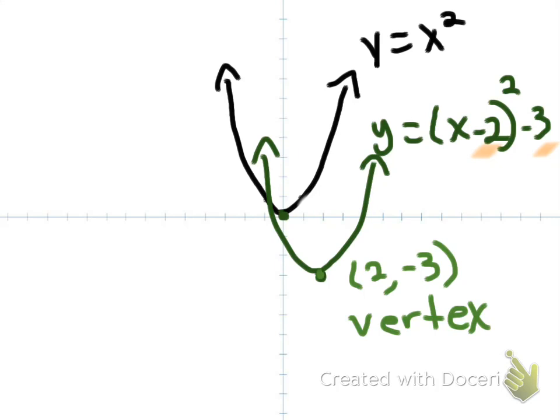So let's go ahead and talk about that in a more general case. That's not just a fluke. That does in fact happen. When you have a function written in this order, that's going to give you the vertex of the parabola. So I'm going to give you a general situation.